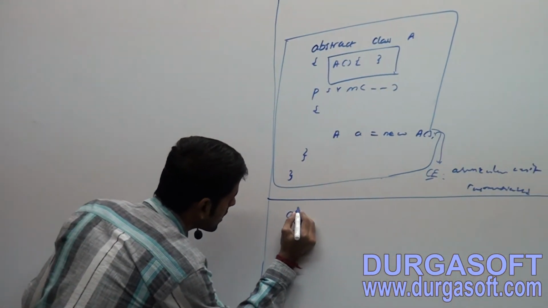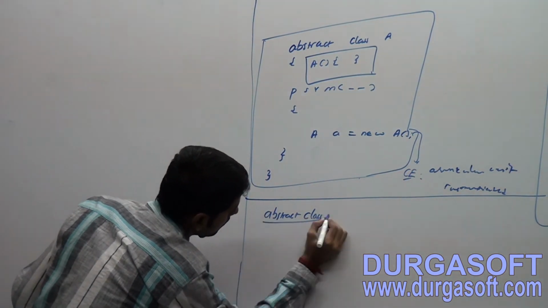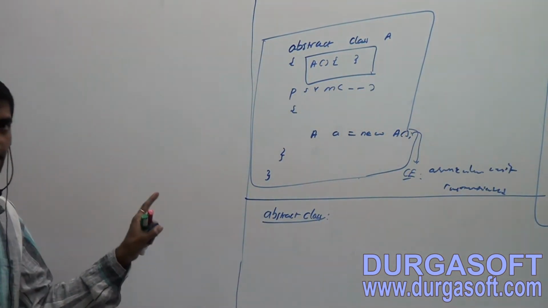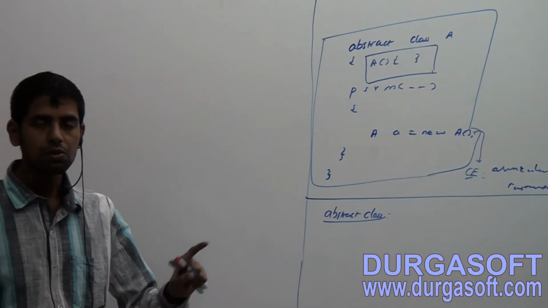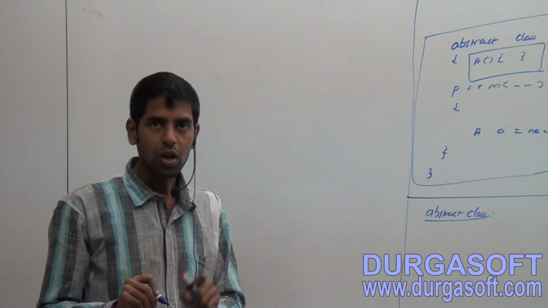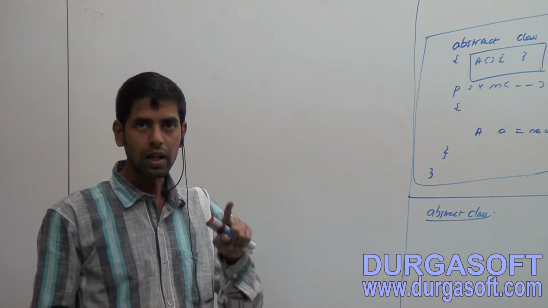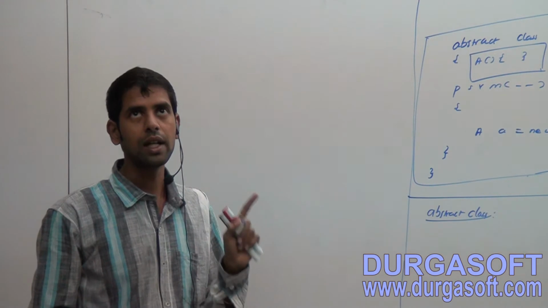Now, what is an abstract class? Technical definition: it is a class which can contain 0 or any number of abstract methods, or 0 or any number of concrete methods.